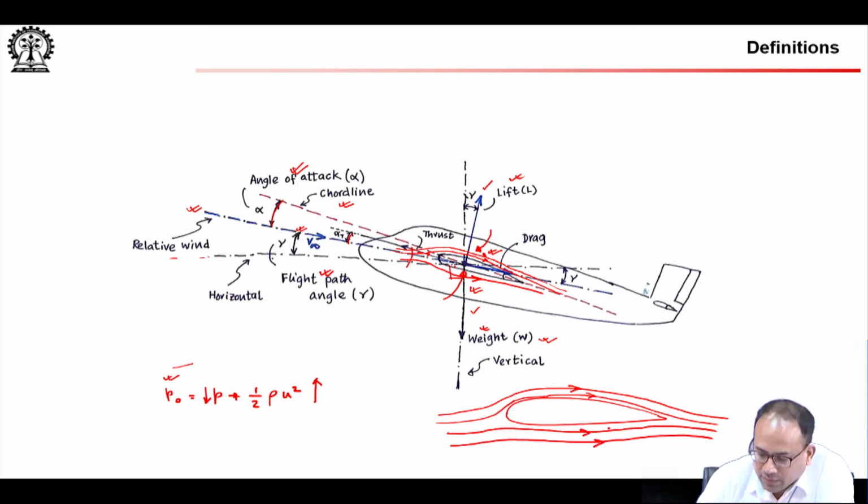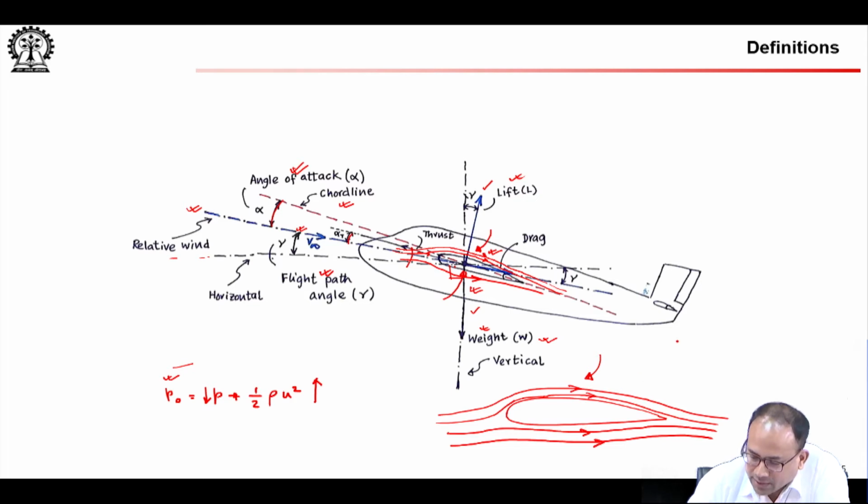We have air flowing over an airfoil, and for some special reason the velocity on the top surface on the average is more than the velocity on the bottom surface. That controls or influences the pressure distribution on the surface of this wing.